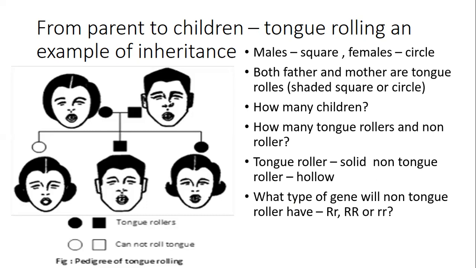So the non-tongue roller is a recessive character, and a recessive character will be expressed only when it has small r small r. Okay, so let's see the next one.